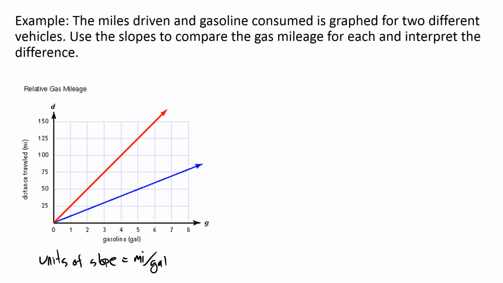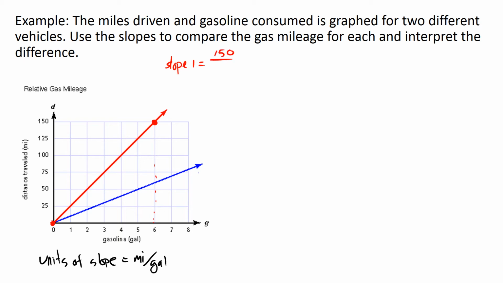So let's start with the slope of the red line. I'll call it slope 1. And we need the rise and the run. I'm going to pick this convenient point, and it starts at 0, 0, so I'll pick that convenient point. And I can see that the rise is 150 miles.